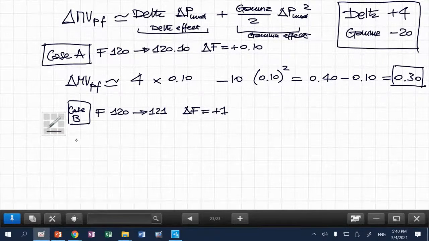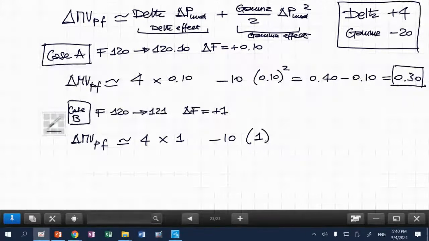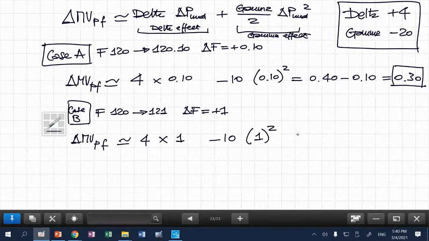Let me see what happens in the second case. Same story. The gamma effect is 4 times the change in the price of the underlying, which is 1. The gamma effect would be -10 multiplied by 1 squared.